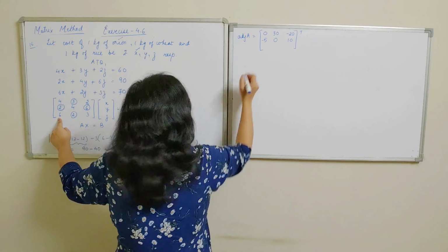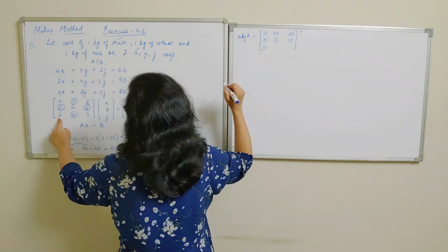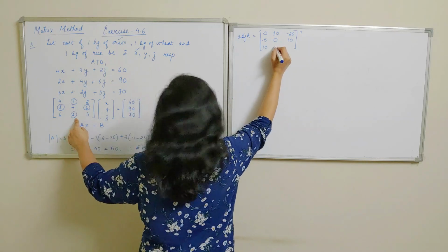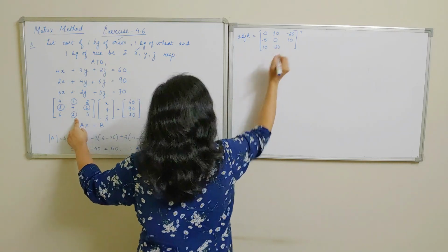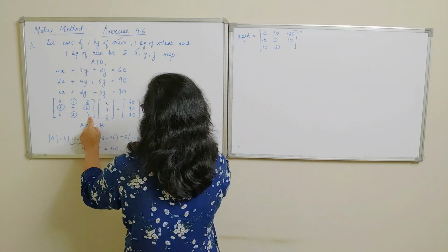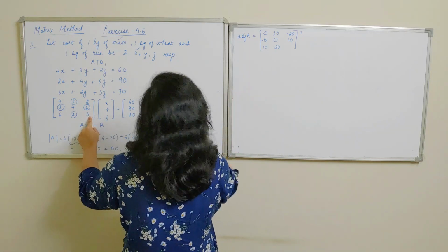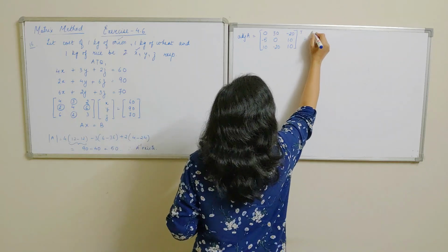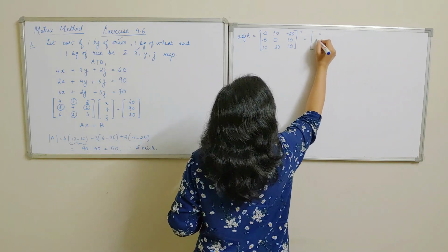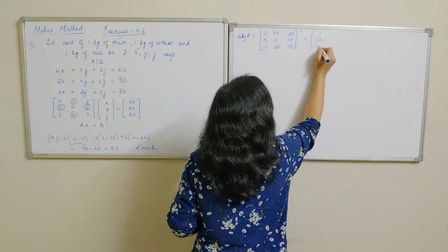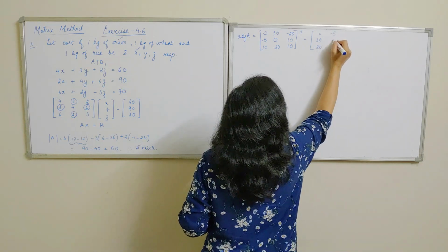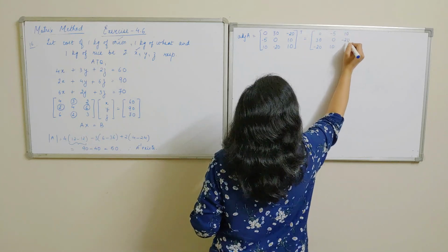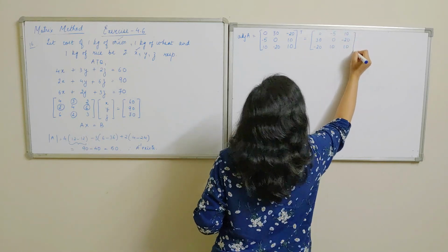This is 18 minus 8, 10. This value is 24 minus 4, 20, and hence minus 20. This value is 16 minus 6, 10. And finally finding out its transpose. So we have found out the adjoint matrix.